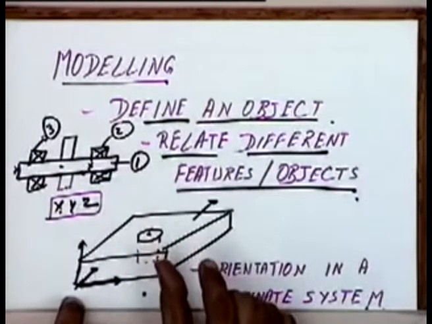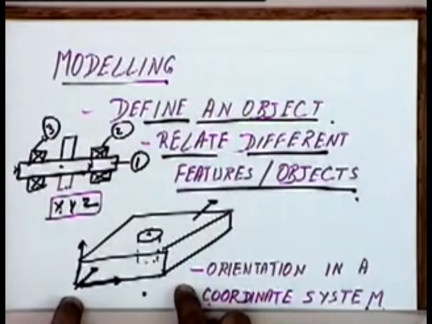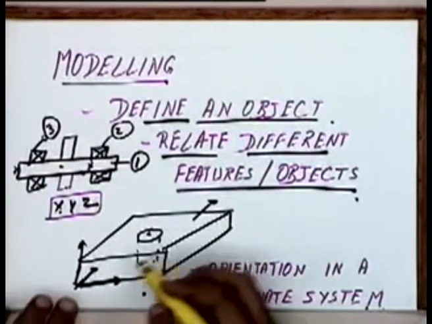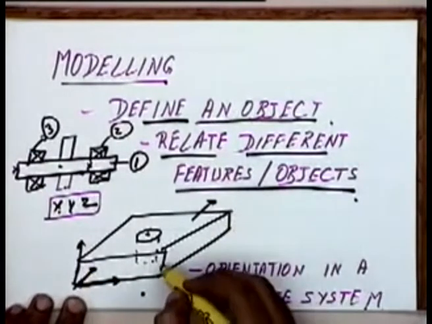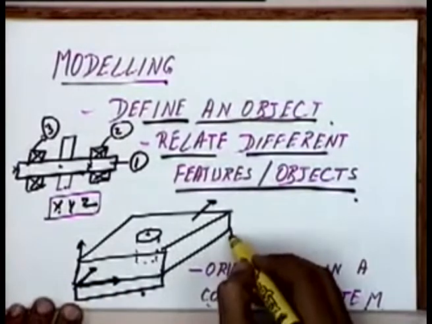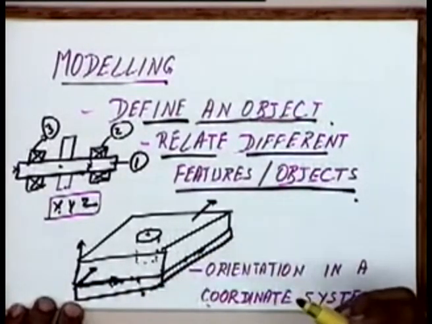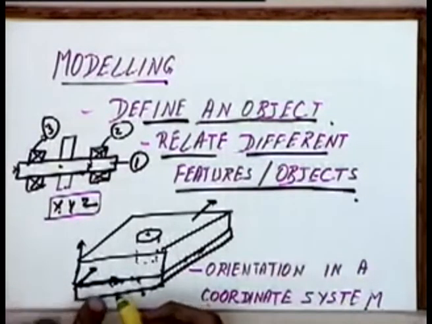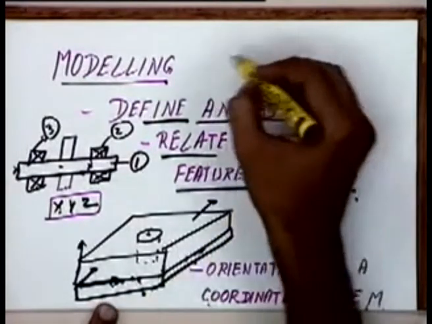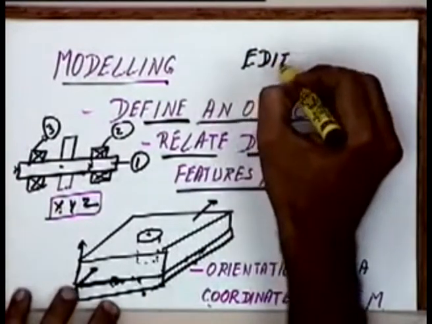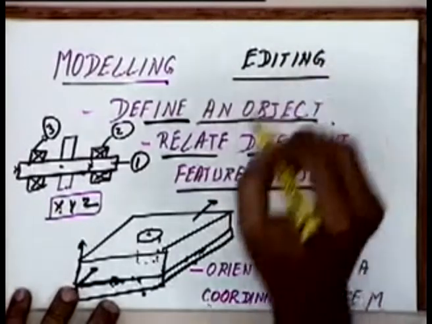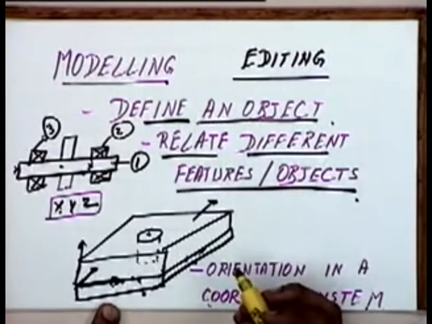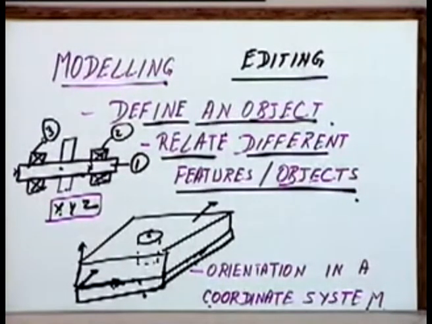The moment I want to make any change, let's say if I want to change the thickness, in this figure I will have to increase this size, make this change, and then rub out all these. If I am doing it on the drawing board, I will have to make all these changes. When I am talking of making these changes, we refer to this process as a process of editing: editing an existing model or making changes in an existing model.